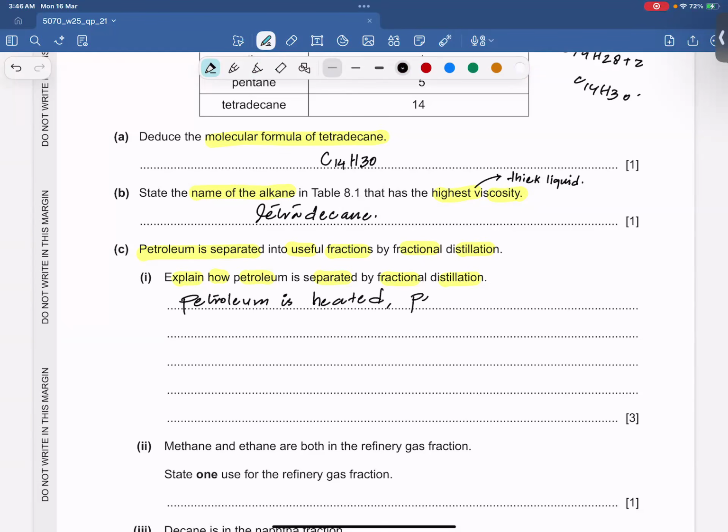Petroleum has different fractions with different boiling points.